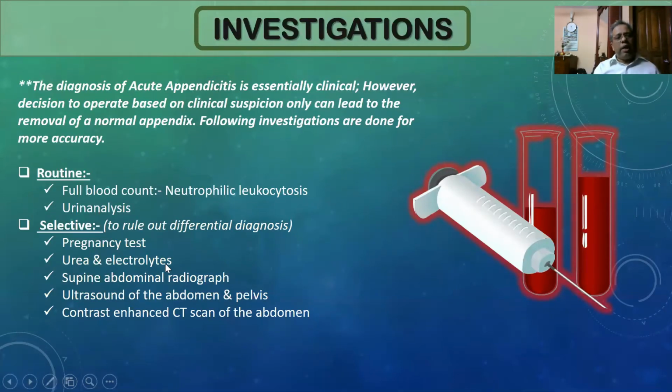And routinely, go for the supine abdominal radiograph. That radiograph is written in the new edition of the Bailey and Love book. Previously, we taught the students plain X-ray KUB region.